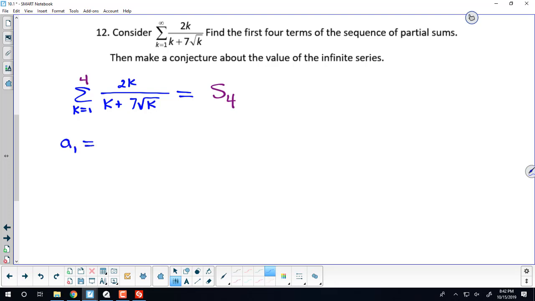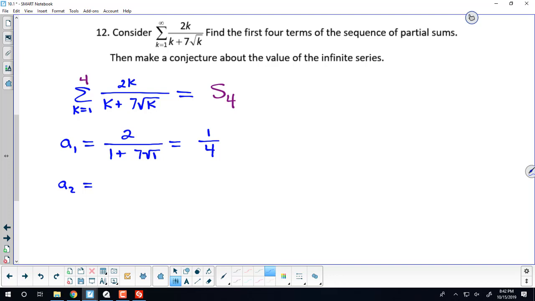The first term of our series, when k equals 1, we have 2 times 1 over 1 plus 7 root 1. So we have 2 over 8, which is 1 over 4.